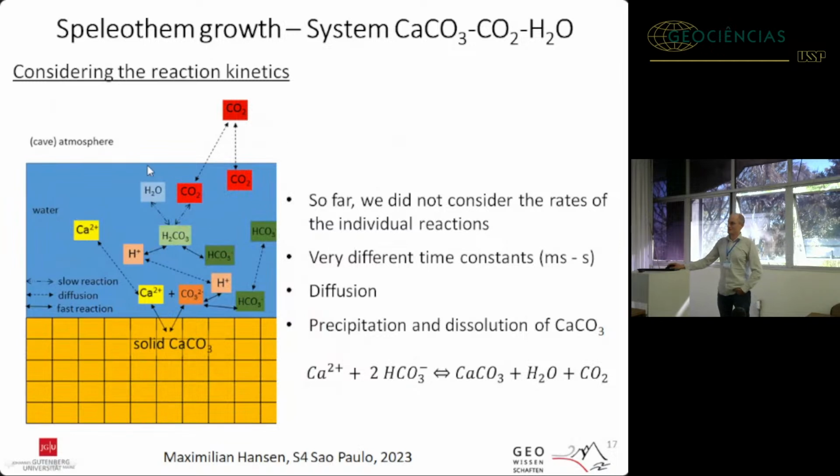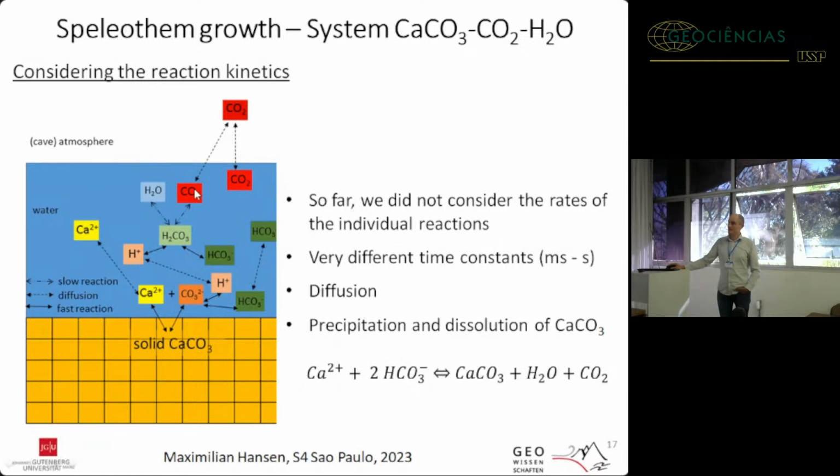So far, I just told you about all the reactions which are going on. But for the formation of speleothems, it is important to know the individual rates of the reactions, because there are very different time constants for the individual reactions. Some reactions are just the diffusion of some ions from the gas into the water and inside the water itself.